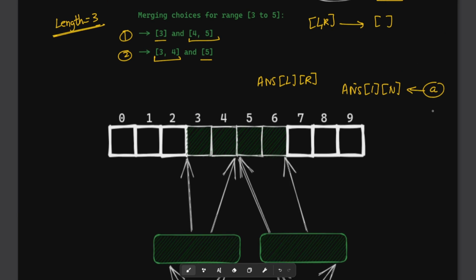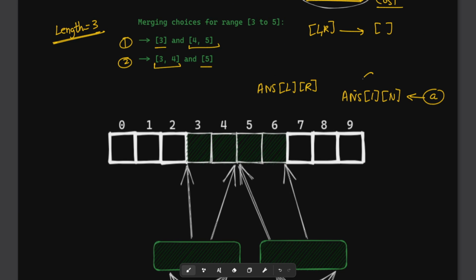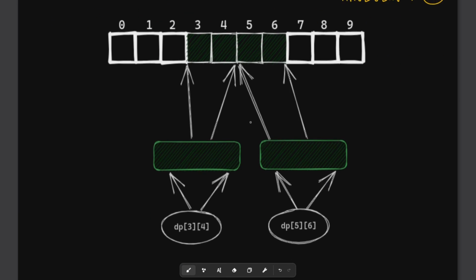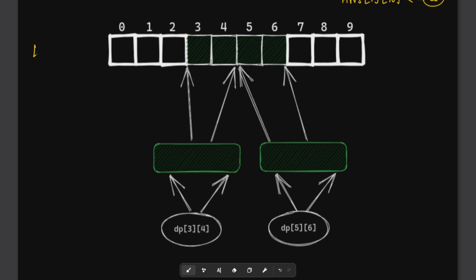Now let's try to figure out how we'll find out this. So again, for the condition where length is 4, this is the visualization for that. So L will be at index 3 and R will be at index 4 for some example. Now we will merge any subarray from index L to, let's say, K, and it will partition the array into two parts.